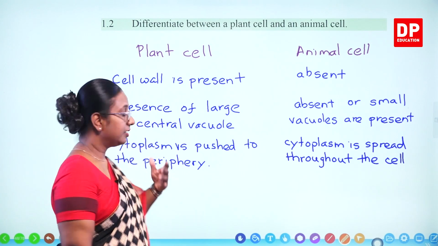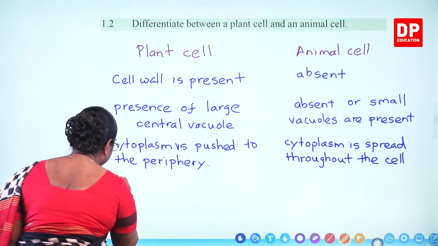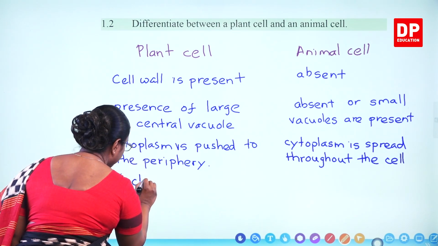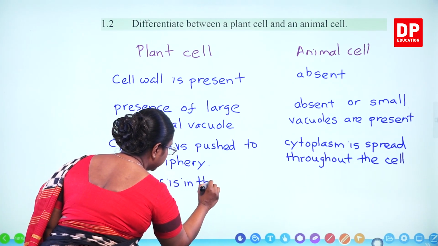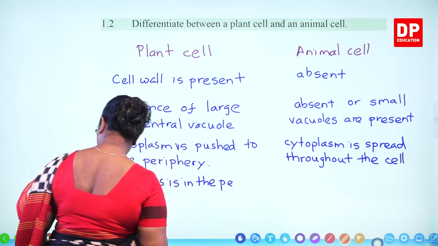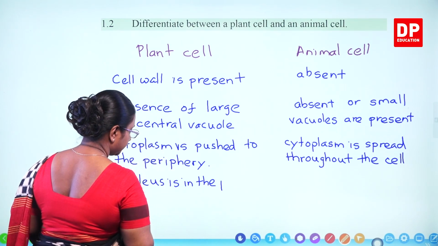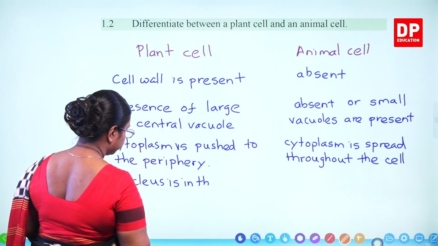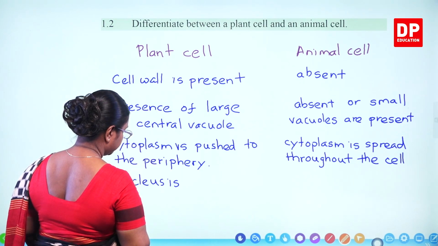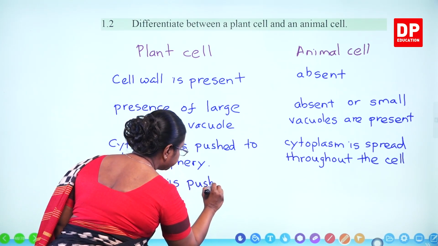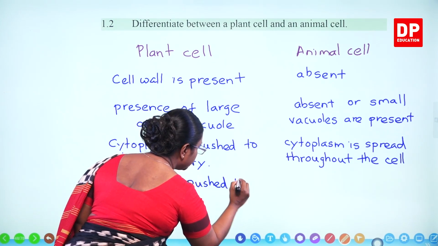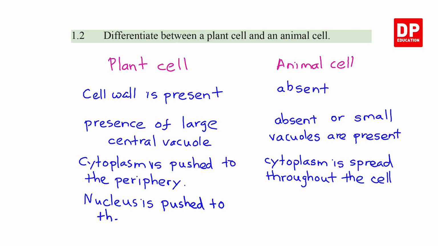The next one, nucleus is in the periphery. Or I can say nucleus is pushed to the periphery.